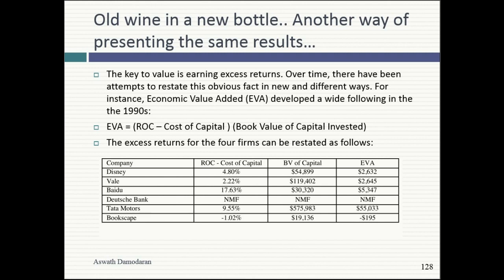So what are they doing? They're taking a percentage number and they're making it into a dollar value. And here's the remarkable insight they delivered. It's good to earn more than your cost of capital. And it's even better if you can earn more than your cost of capital on a lot of money rather than very little money. And the CEO said, this is amazing. How the heck do you come up with insights like this?